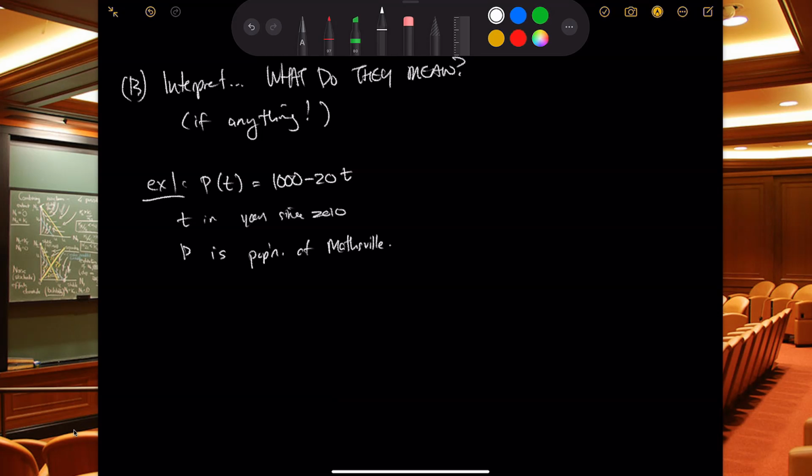So the vertical intercept, we said this was (0, 1000). Input is 0, P equals 1000. So what does this mean?